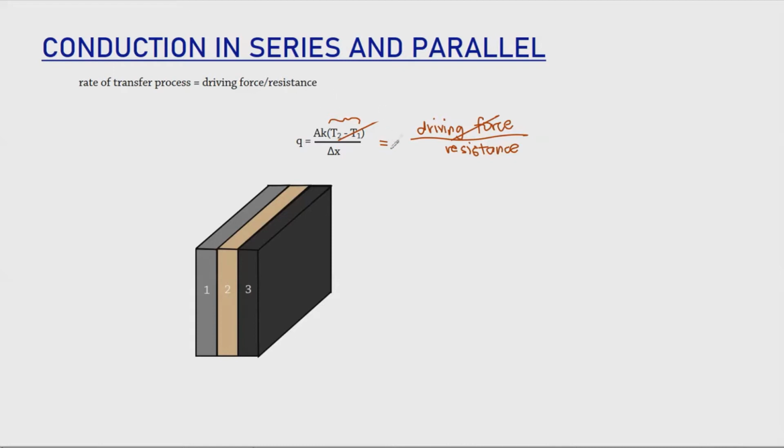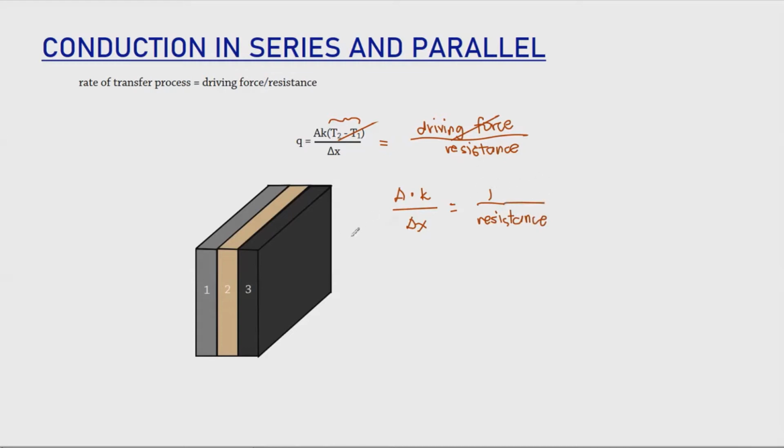What we're left with is simply A, which is the area, multiplied with our thermal conductivity, divided by the thickness of that slab. This is equal to 1 over the resistance, or the reciprocal of the resistance.